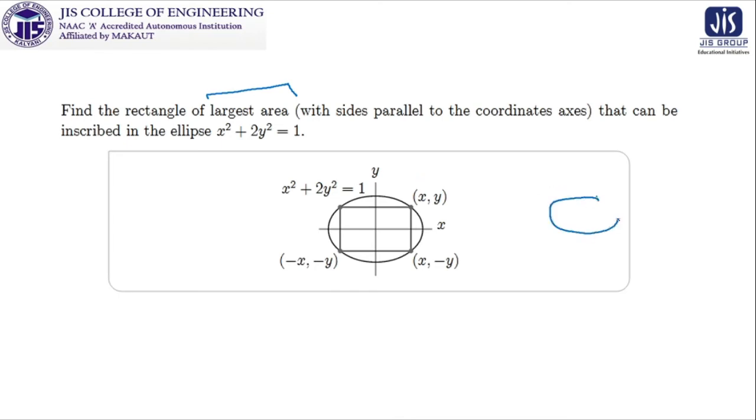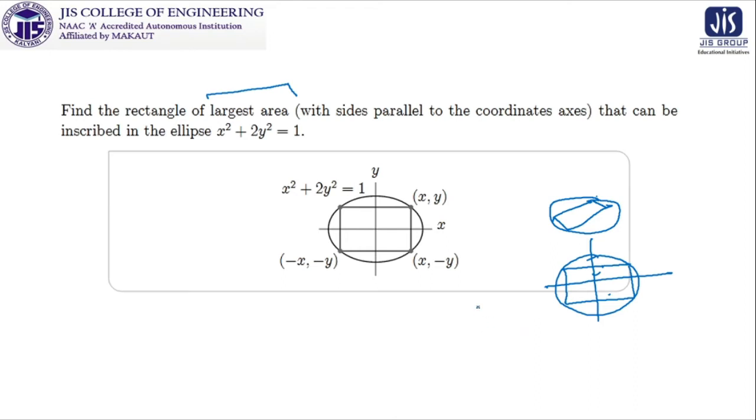You can make one rectangle like this also, maybe, if all the properties are the same. But here it is crystal clearly said that you have to make the sides parallel with the coordinate axes. So look at this, these two are parallel to this and these two are parallel to this.